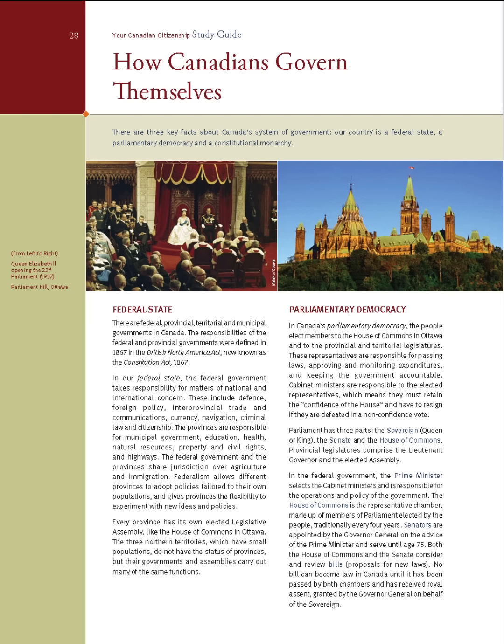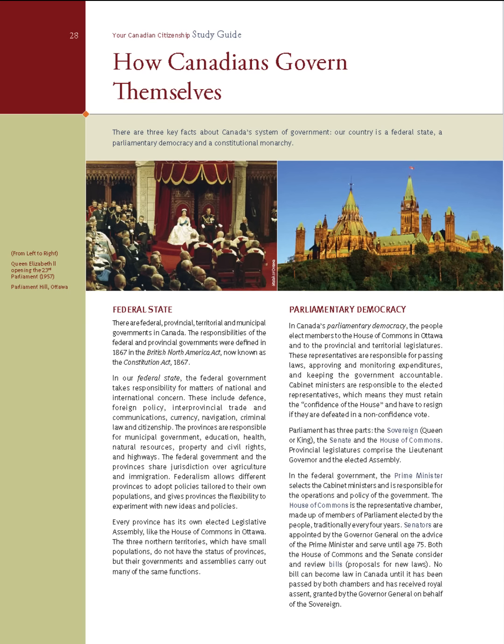The provinces are responsible for municipal government, education, health, natural resources, property and civil rights, and highways. The federal government and the provinces share jurisdiction over agriculture and immigration. Federalism allows different provinces to adopt policies tailored to their own populations and gives provinces the flexibility to experiment with new ideas and policies.